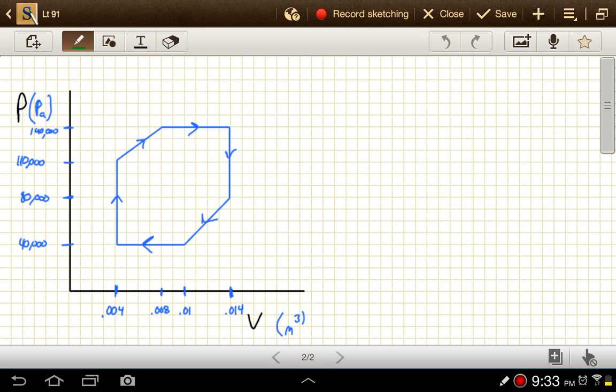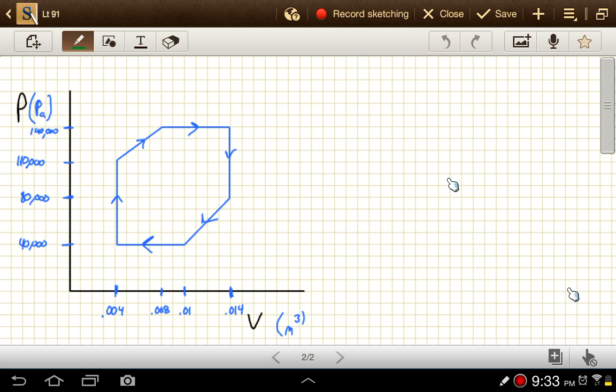So the area inside this path is going to be equal to the total amount of work done. And we can see that we're expanding at higher pressures, so that's going to be a larger amount of work than our compression section at the bottom. So overall, this is going to be positive work.